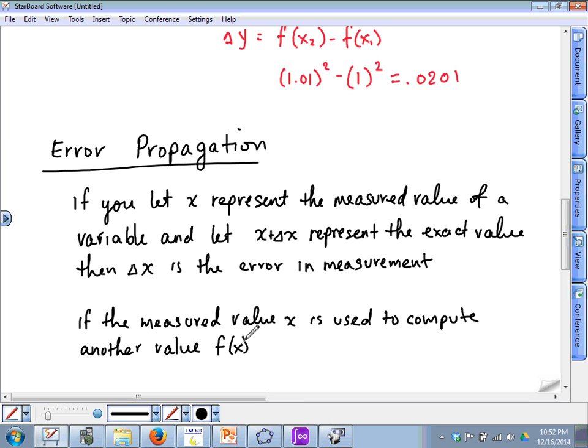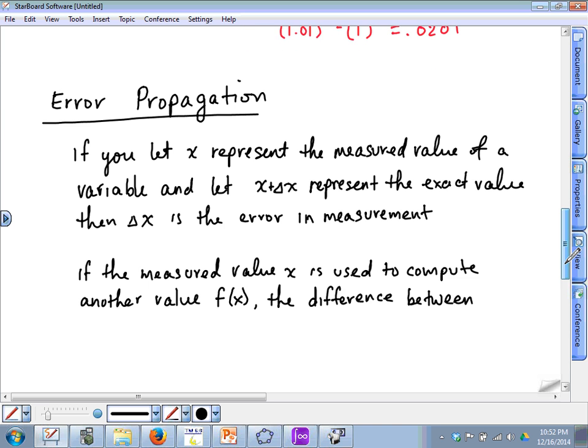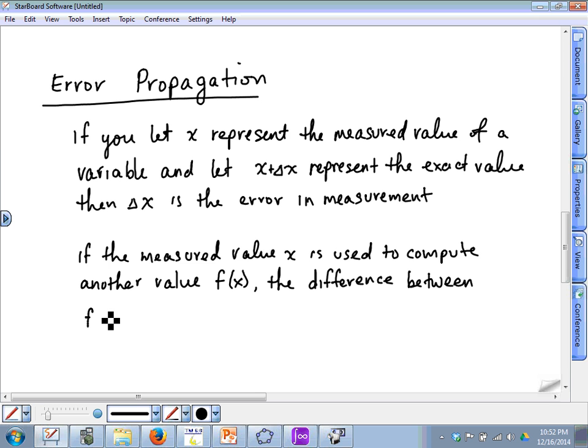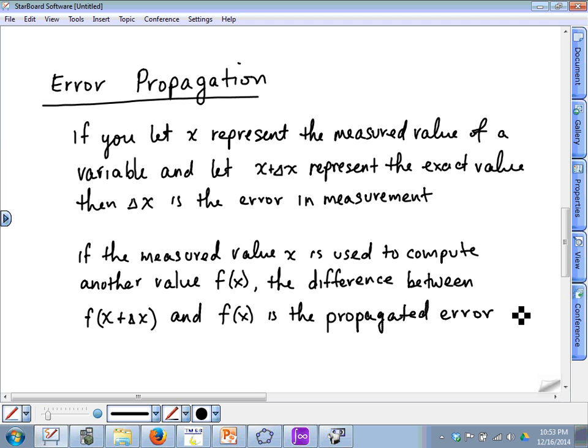So if you take your measured value x, plug it into some function, and calculate that value f of x, the difference between the actual value f of x plus delta x and f of x, your measured value, the difference is called the propagated error.